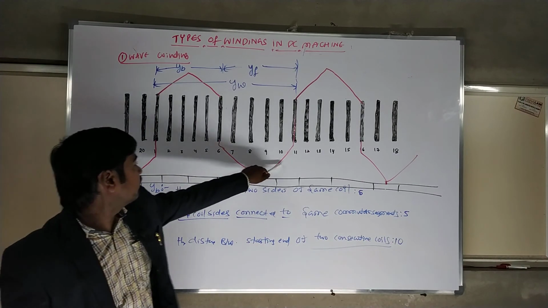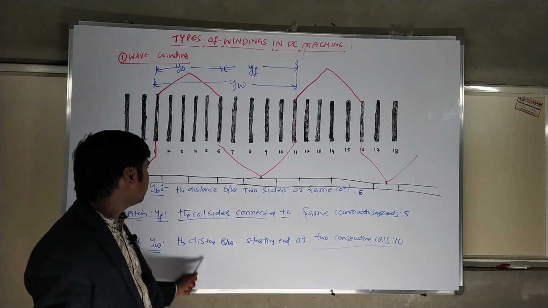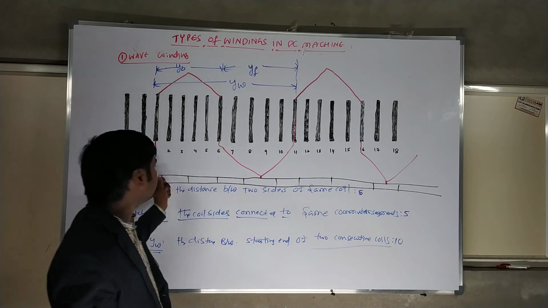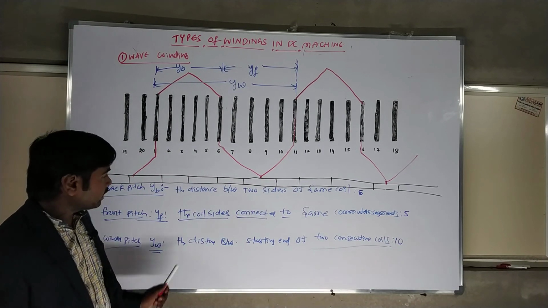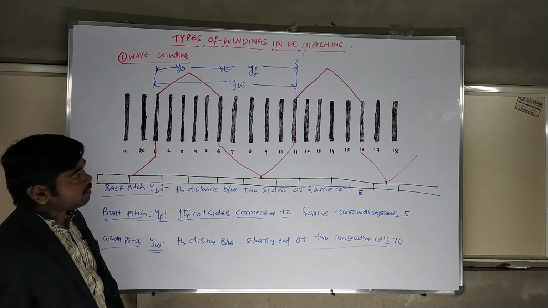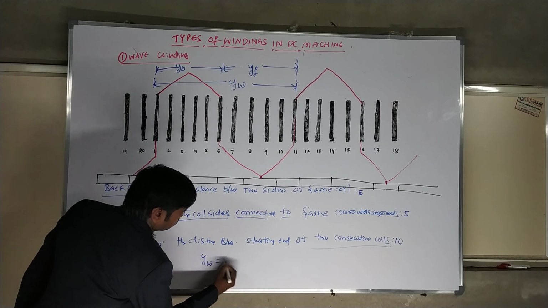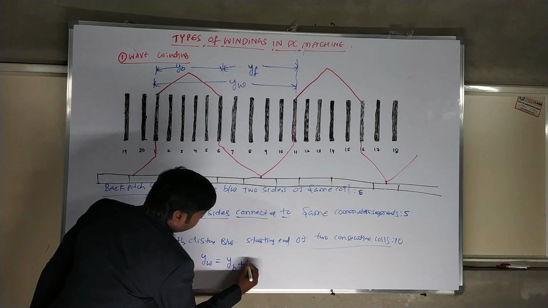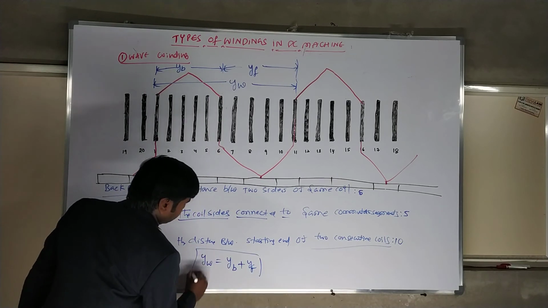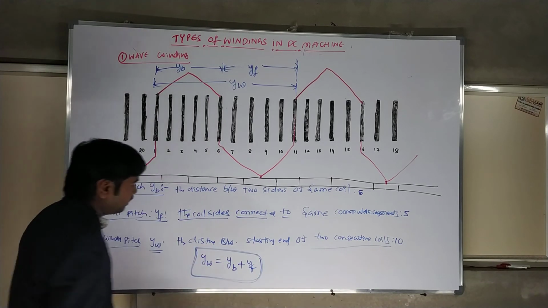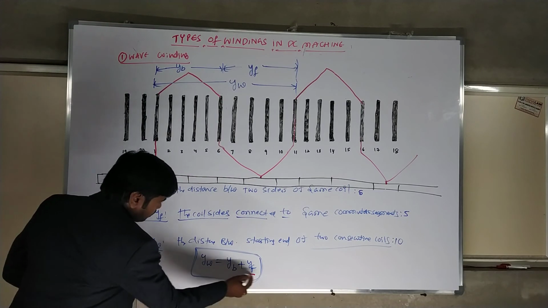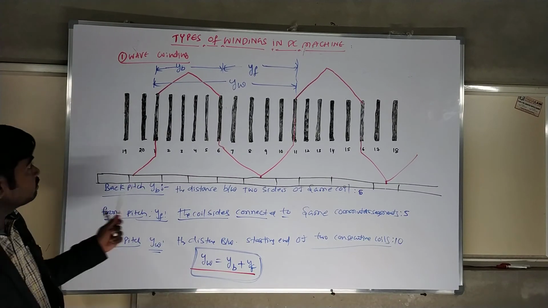Front pitch is 11 minus 6, it becomes 5. Winding pitch is 11 minus 1, it becomes 10. So 5 plus 5. Very, very important: in the case of lap winding and wave winding, the winding pitch is equal to back pitch plus front pitch.